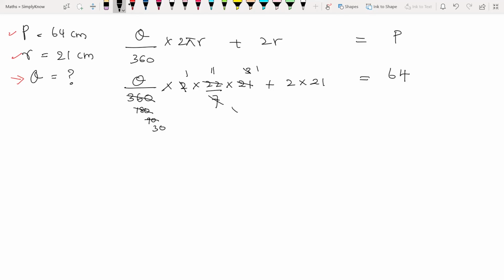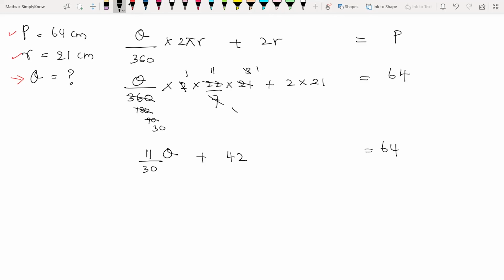Right, that's it. Then let's write the remainings. It's 11 over 30 theta plus 2 times 21 is 42 equals 64.